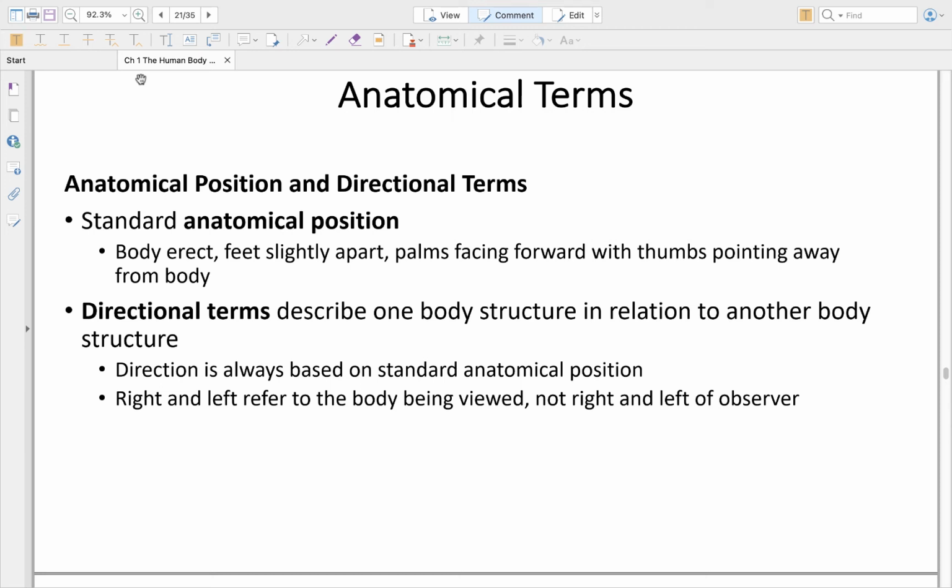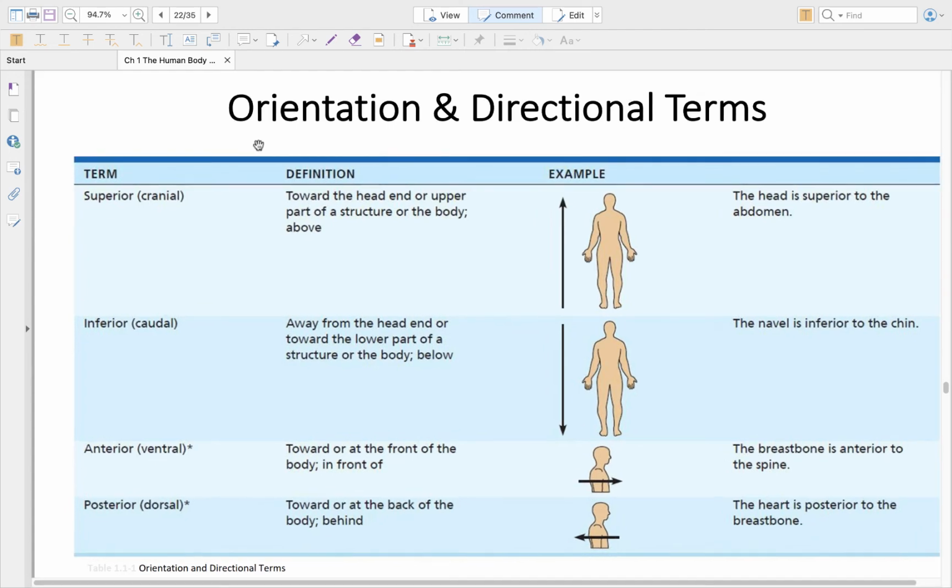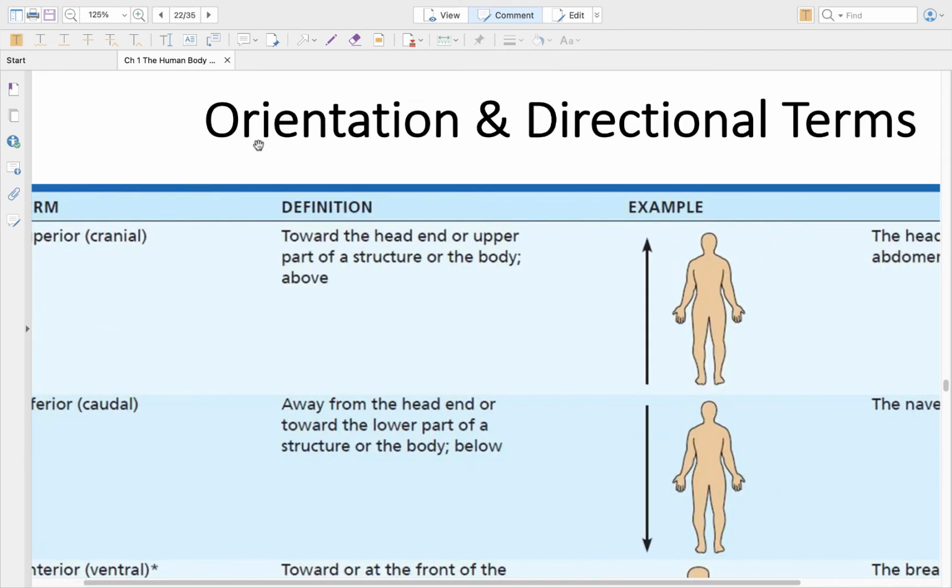I'm just going to show you what they are. But we do have anatomical positions that we're going to learn, and directional terms, really, that we're going to learn. So let's go ahead and start with the first one, and I'm going to zoom in on the first one.